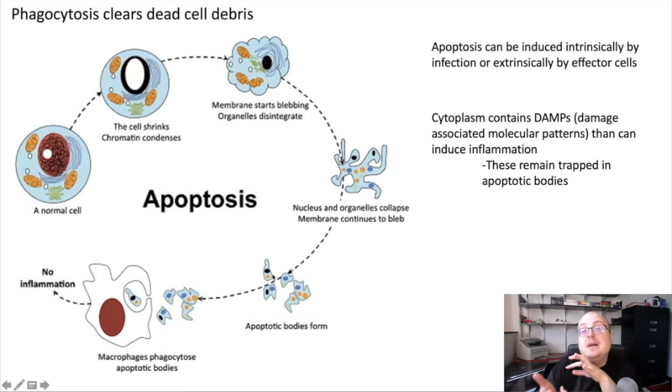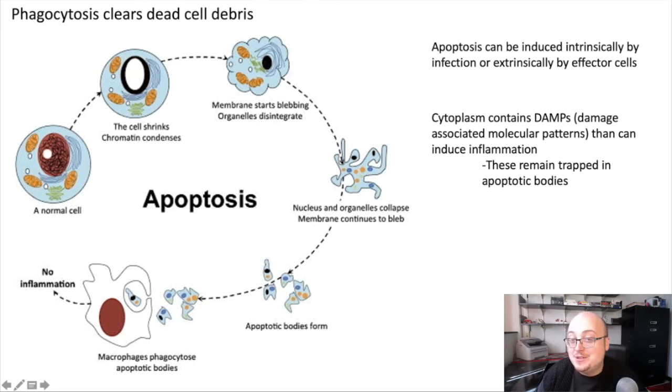They remain trapped within the membrane-bound vesicles of the apoptotic body. So actually, in the process of apoptosis, DAMPs are not released. So for that reason, we do not think of apoptosis as a particularly inflammatory form of cell death. In fact, apoptosis is generally regarded as immunologically silent. That's good because billions of cells in our bodies are dying every day by apoptosis.